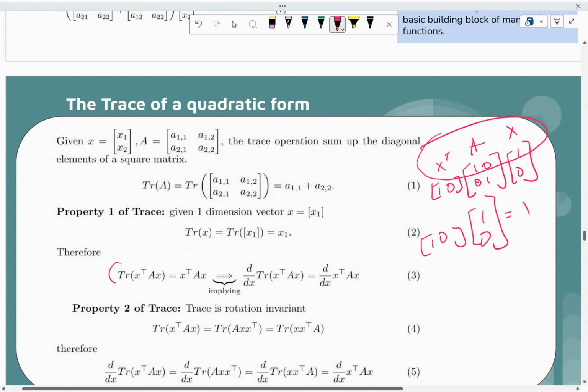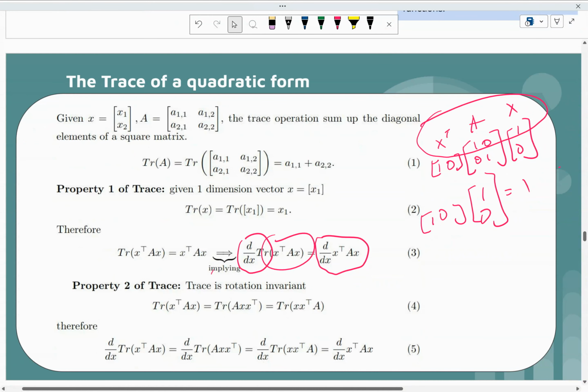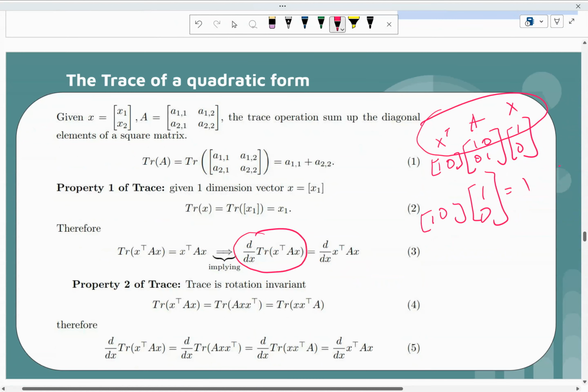Therefore, the trace of a number is just itself, like what I just showed you, implying that if you take the derivative of the trace of this, it's equivalent to just taking the derivative of this. Okay? So the trace of this expression. Now, of course, this is if x is a vector.